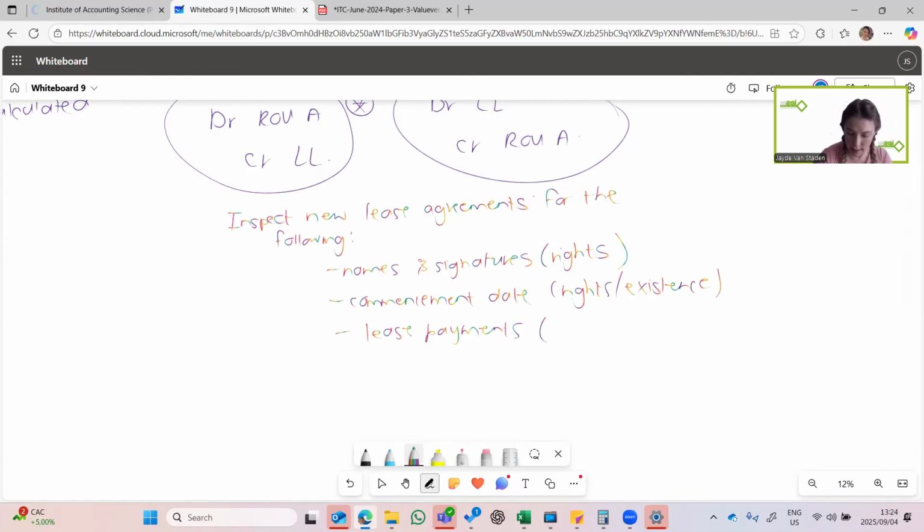Okay, that's going to tell me about accuracy, valuation, and allocation. Because I'm now going to use these lease payments to recalculate the lease liability at the commencement date.